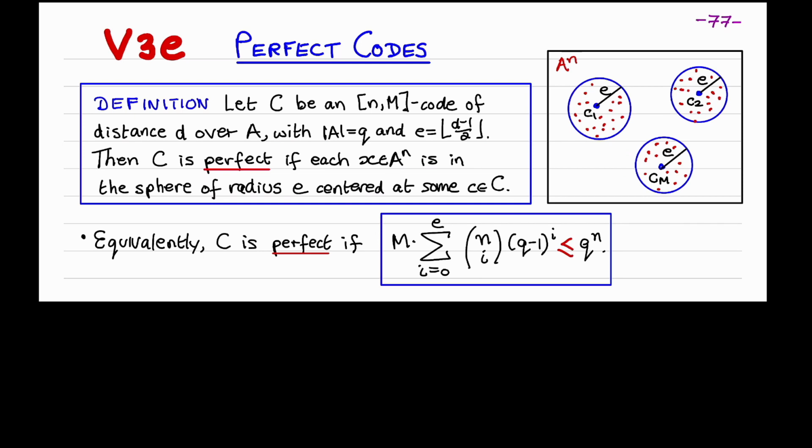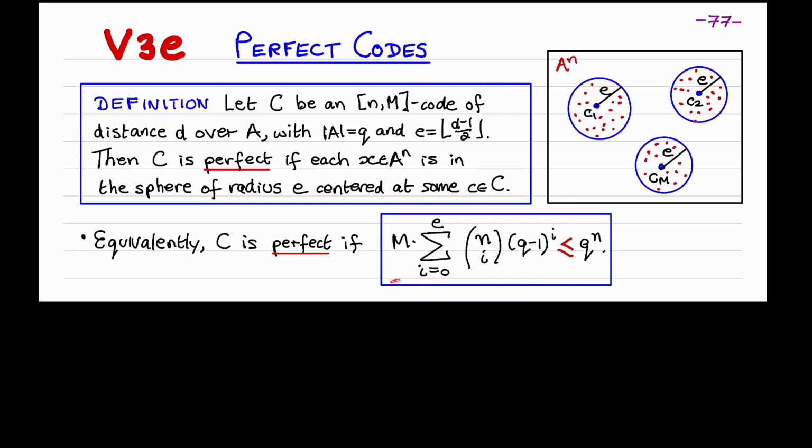Equivalently, the code is said to be perfect if it meets the sphere packing bound with equality. The right-hand side of this inequality counts the number of vectors of length n over the alphabet, while on the left-hand side you have the number of spheres M, and the summation is the number of vectors in a sphere of radius E about a code word.